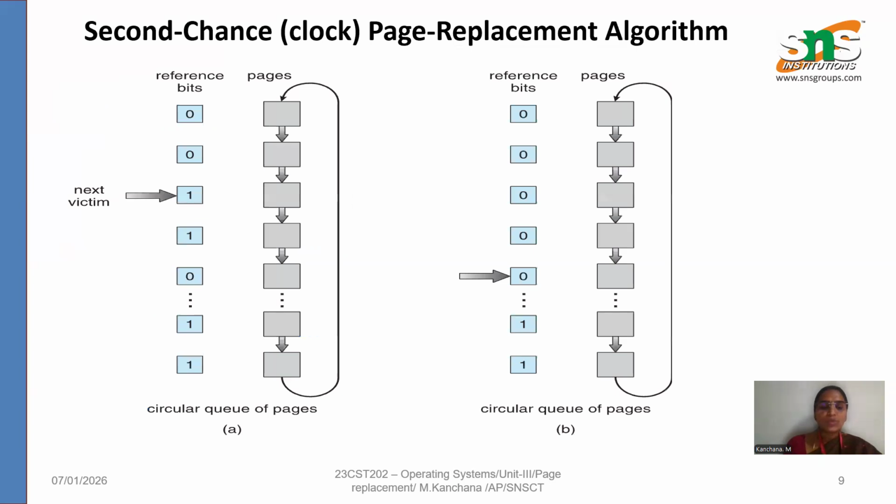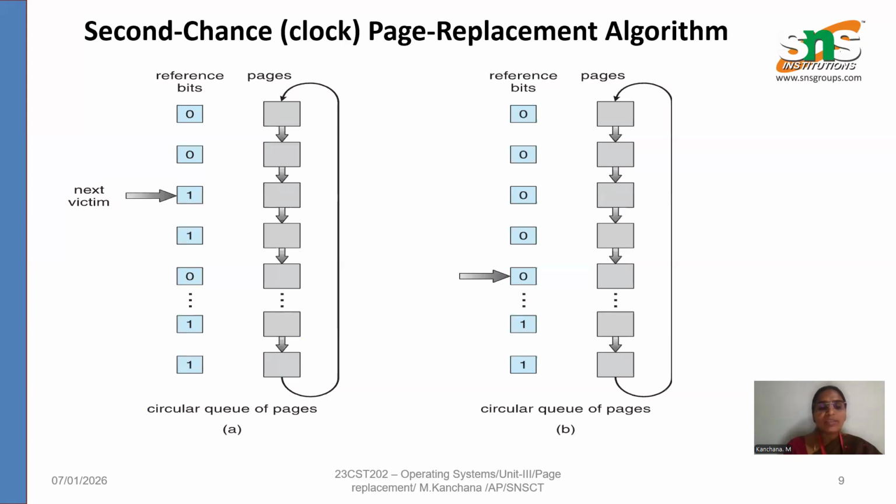So let's visualize this. It shows a diagram of the second chance clock replacement algorithm in action. Think of the moving arrow as a clock hand, inspecting frames in the circle. It steps through pages one by one. If it sees a page that has not been used recently, that is, the reference bit is 0, it replaces it.